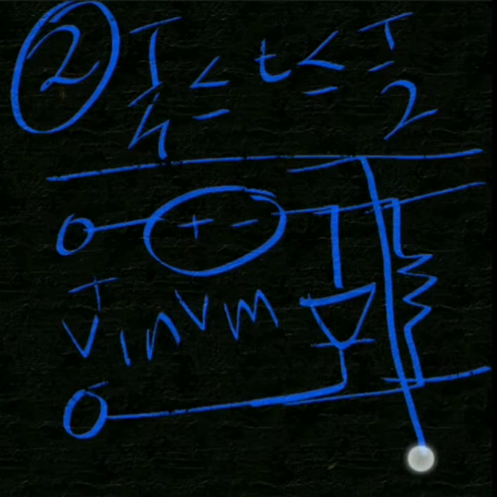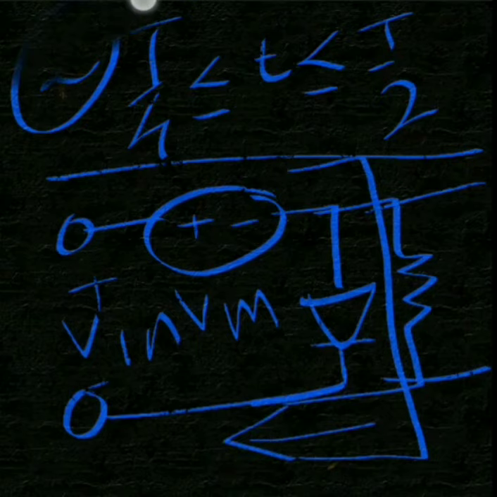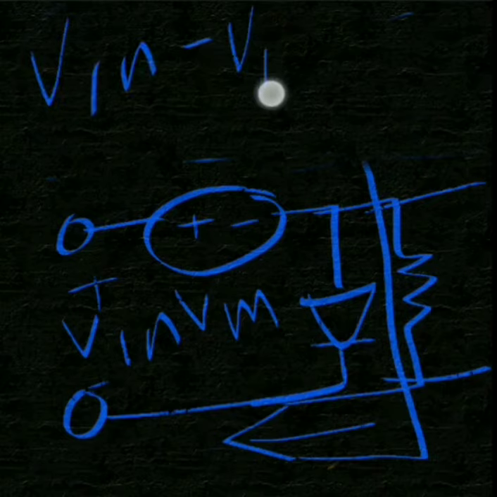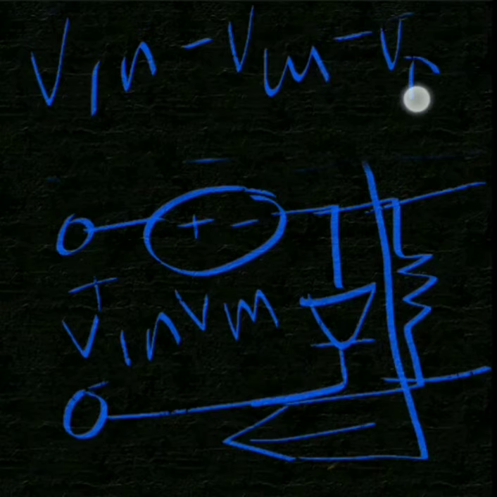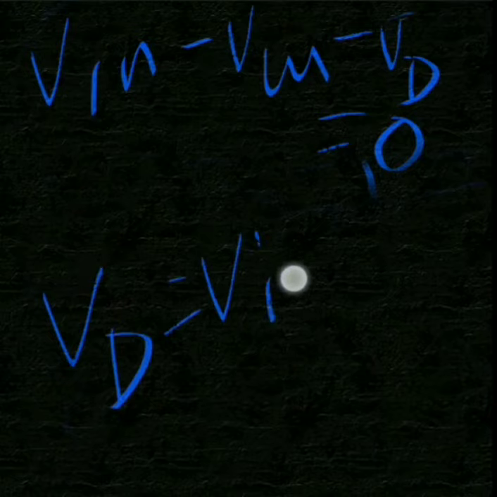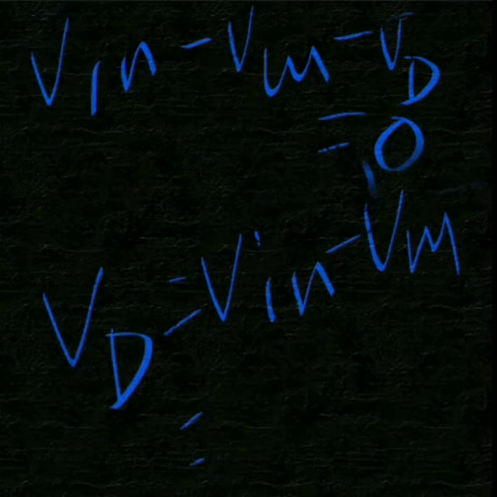Now put KVL in this mesh and we will get Vin minus Vm minus Vd equals 0. That is, Vd is Vin minus Vm. Now from the circuit we can say that the diode will be in forward bias if Vd is greater than 0, because in that case the polarity of the diode will not change, so Vin should be greater than Vm.